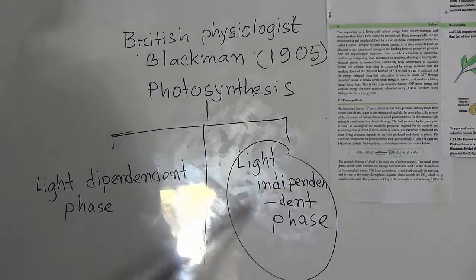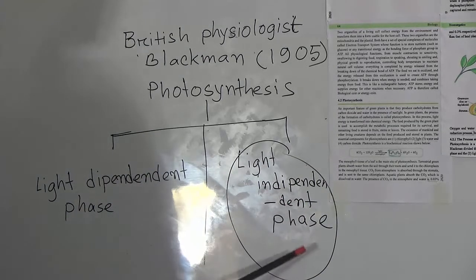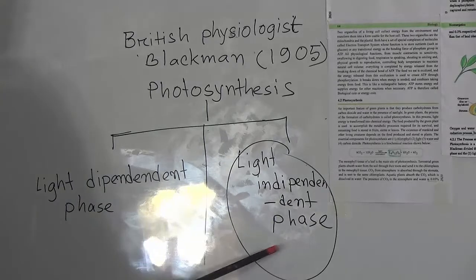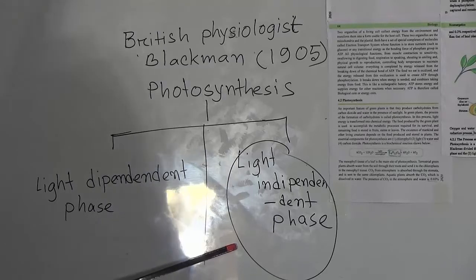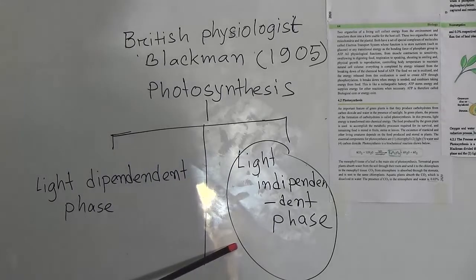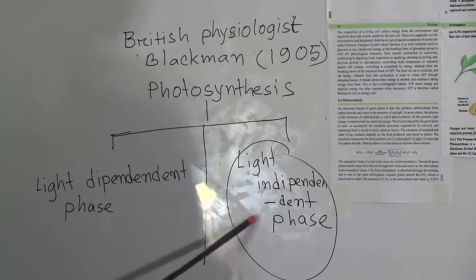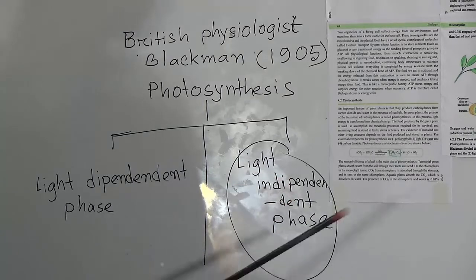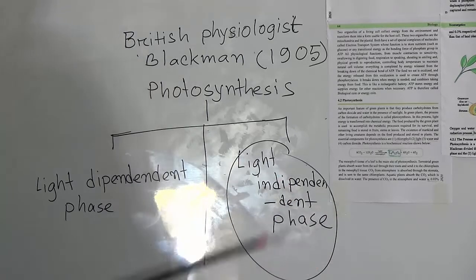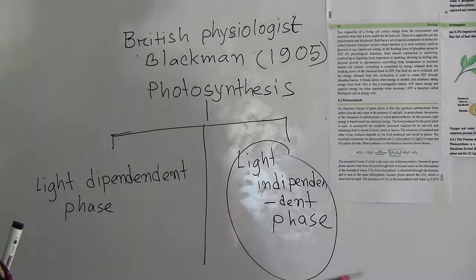This phase can happen in the day, but for this phase light is not necessary. That's why this phase is known as the light independent phase. The next day we will discuss that part also.